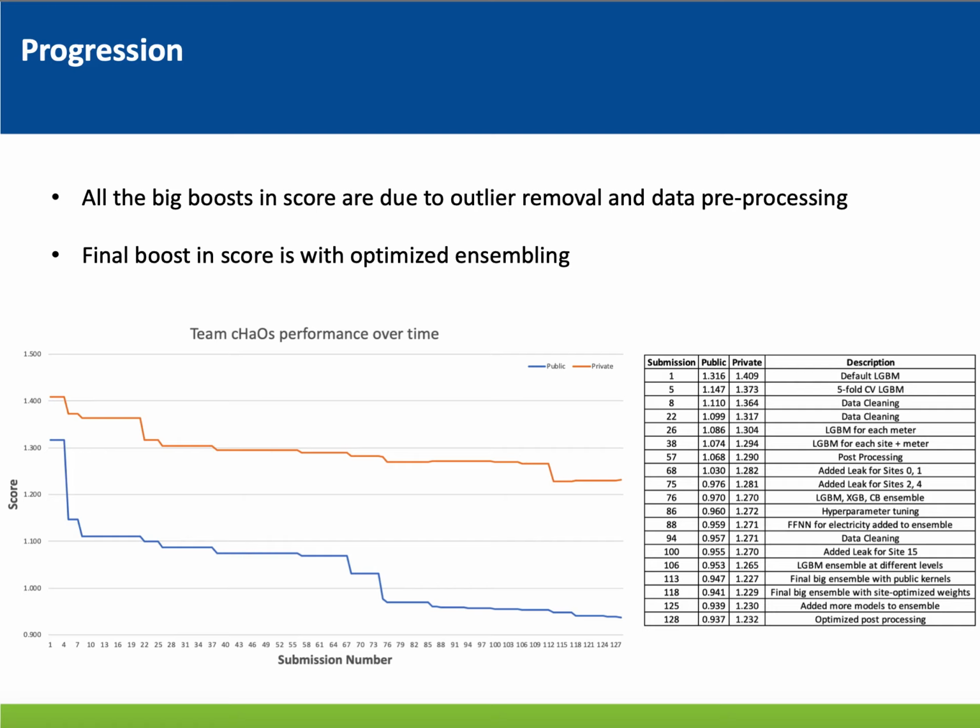We had another drop at number 76, which was when we did ensembling of our various different models. And finally, we had a good drop at submission number 112, 113, where we did another final big ensemble with different public kernels that used LightGBM models.